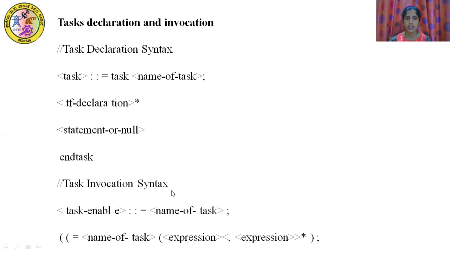The invocation syntax for a task is as follows. A task can be invoked by the name of the task followed by the input and output arguments that are to be passed.